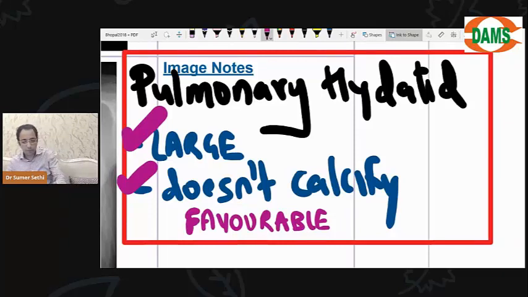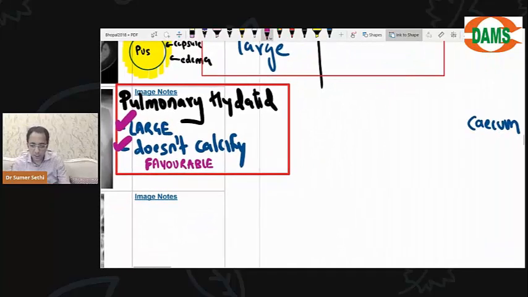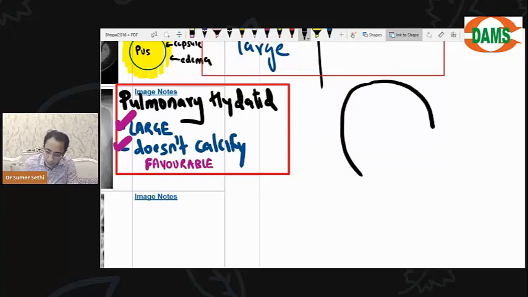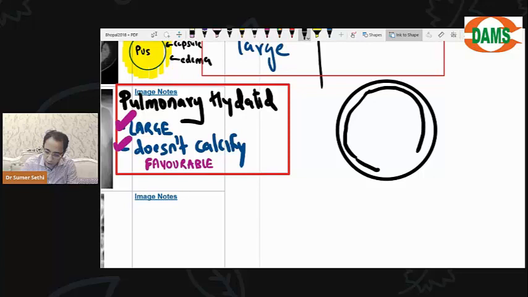Everybody understands? Okay. So now please understand and answer. Now let's understand a picture. Then I will show you the picture on X-ray. Hydatid has outer layers and it has an inner layer. And you know the innermost layer is the germinal layer, which is called the endocyst.